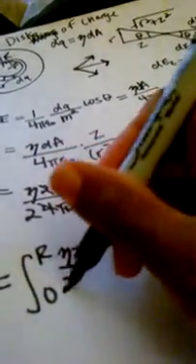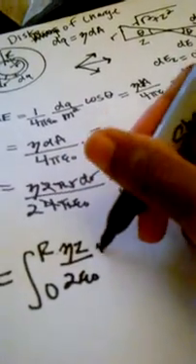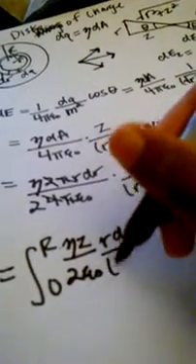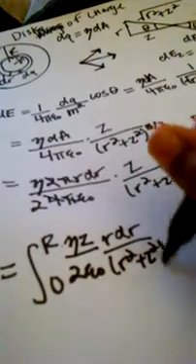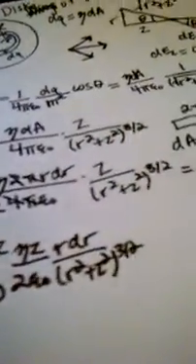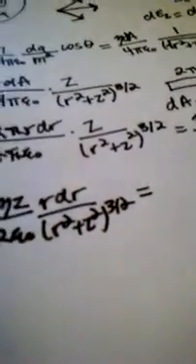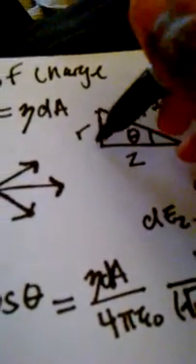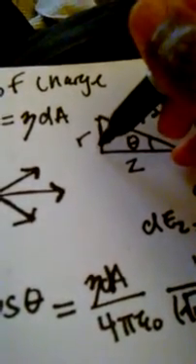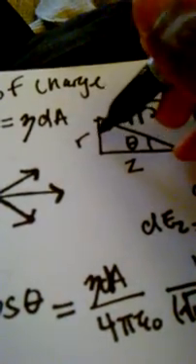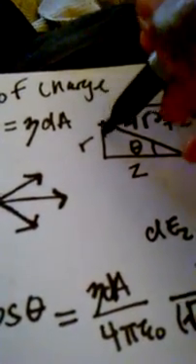So we have the integral of all this, r squared plus z squared to the 3/2. So let's pull out some things, because we have a lot here that we don't really need all of. Let's note that this variable z is a constant, right? So as we integrate up the ring, from dr to dr to dr, we are not changing this distance at all.